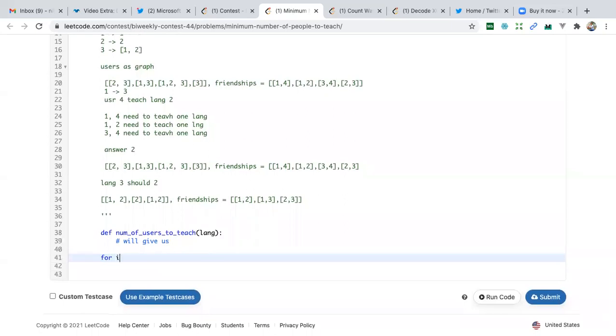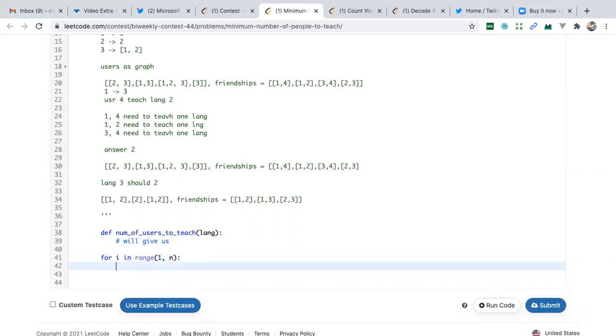For i in range of 1 to n, the answer will be the minimum of answer and i, right?